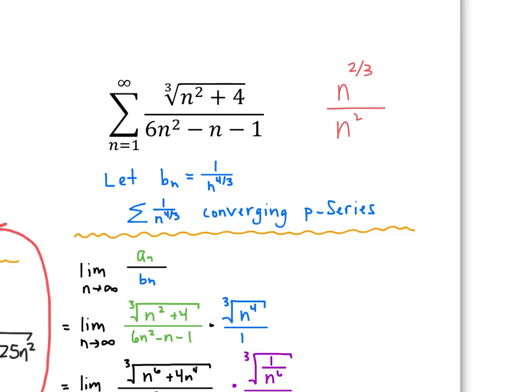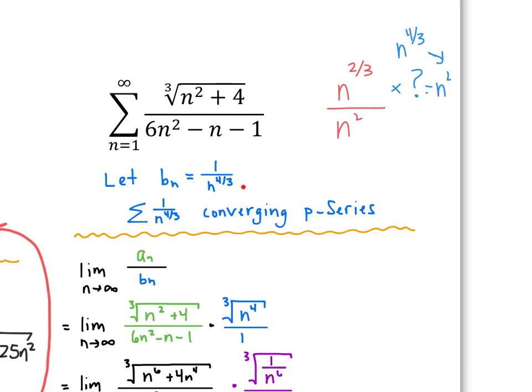So what we want is when I multiply this by something, I want it to equal n squared. Okay, so what is that something? Well, n to the 2/3 times n to the 4/3 is going to get us n squared. So what I want bn to be is 1 over that.